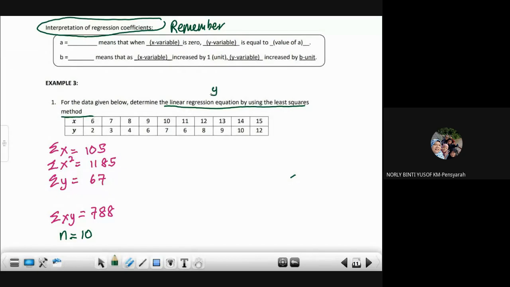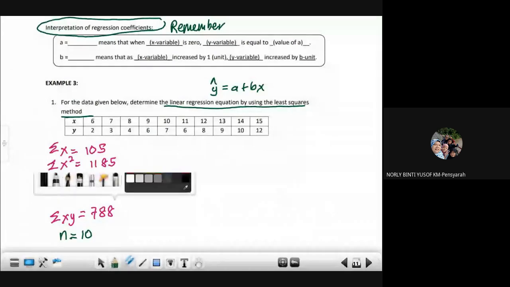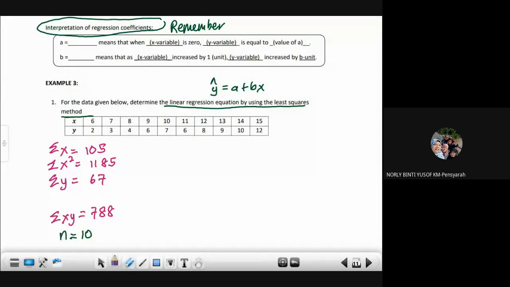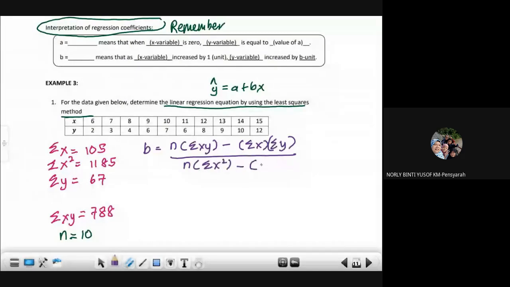Dan masukkan dalam formula untuk B sebab you nak cari determine the linear regression equation. So you akan carilah B dulu. A dengan B tu kena carilah. So cari dulu untuk formula B menggunakan formula dalam exam. Summation X, summation Y bahagikan dengan N darab summation X squared tolak summation X being squared.